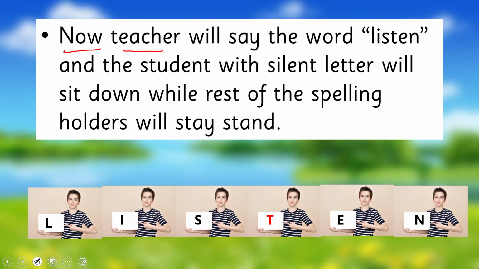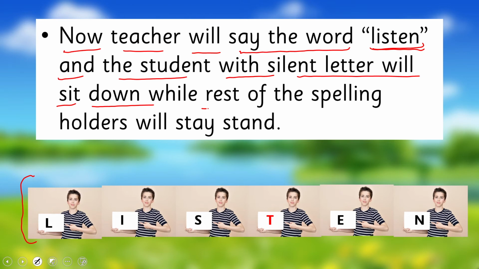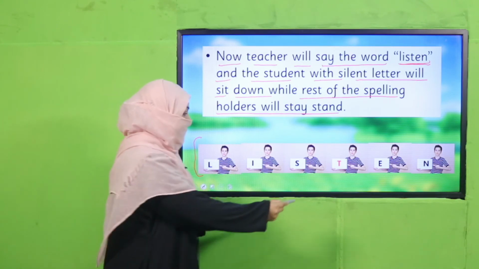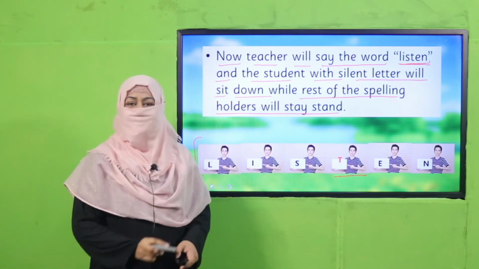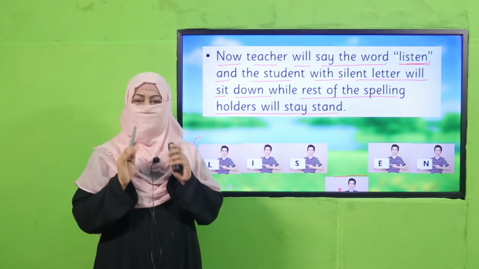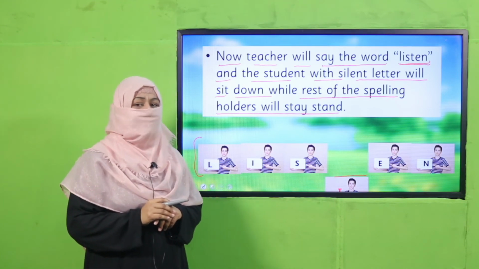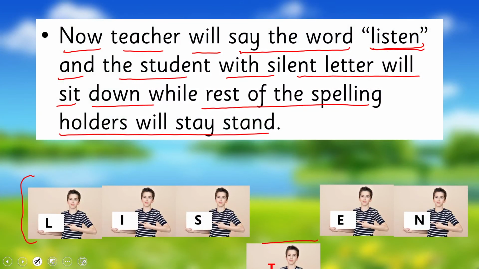Teacher will assign one letter to one child in a group, and now teacher will say the word which has been assigned, and the student with the silent letter will sit down while the rest of the spelling holders will stay standing. Like if teacher has taken the word listen, when teacher says listen, the child who is holding the silent letter will sit down, and the rest of the students will keep standing with the rest of the spelling. So this is an interesting activity. Kindly pause the video, enjoy this activity.